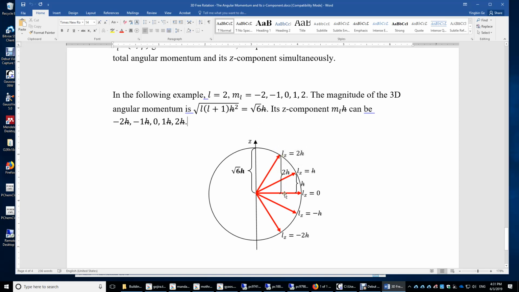All right, so that's 2ħ. How about this guy, 1ħ? Remember here, this vector has a z component of 0. This one has a z component of negative ħ. This one has a z component of negative 2ħ. Again, the z component of these 5 vectors is negative 2ħ, negative ħ, 0, ħ, or 2ħ.